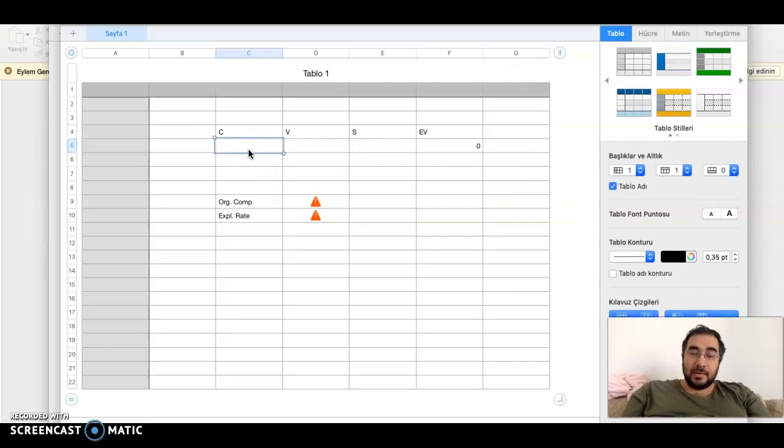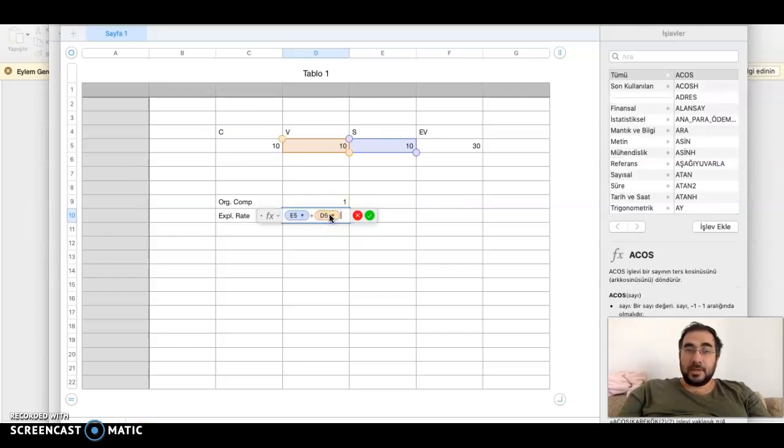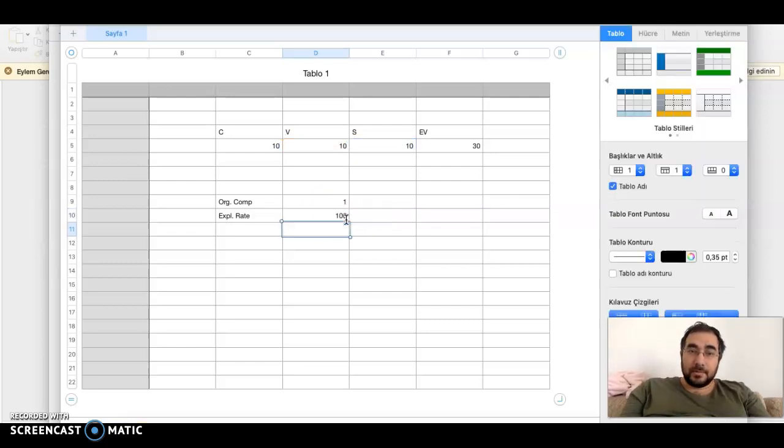So let's say the company uses 10 units of constant capital, 10 units of variable capital, and 10 units of surplus value produced, which means the organic composition of capital is 1. The exploitation rate is 100%, and maybe I should write times 100 here.